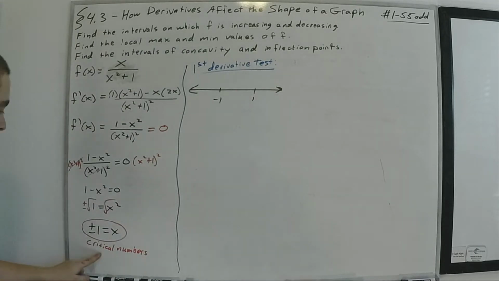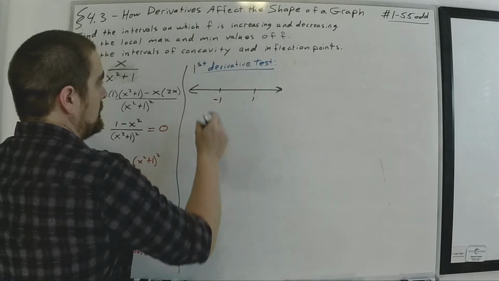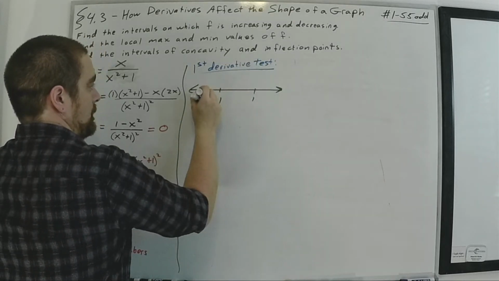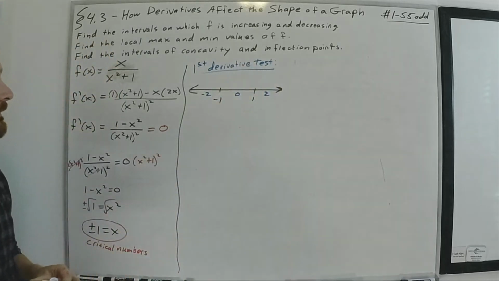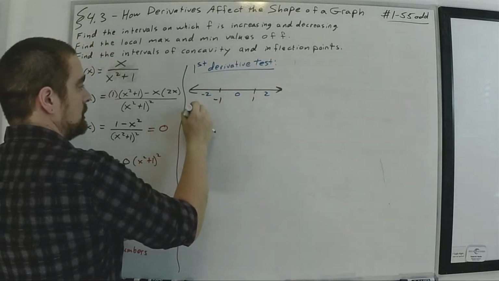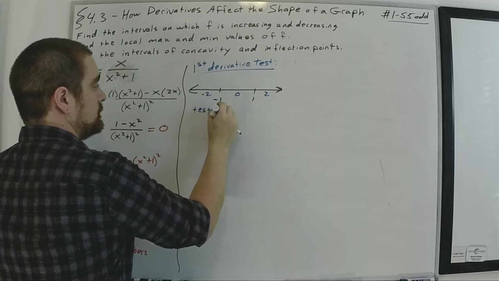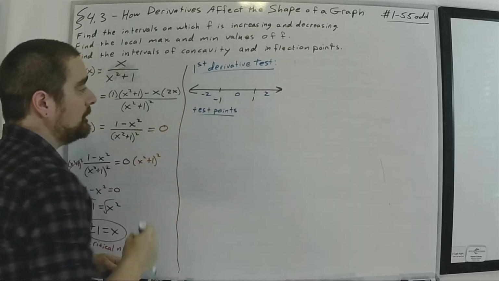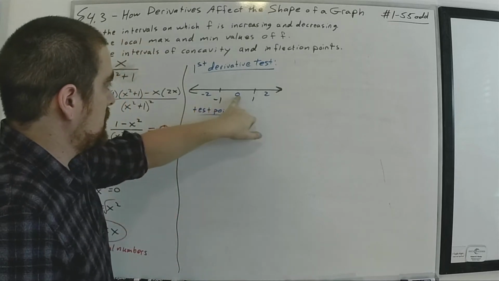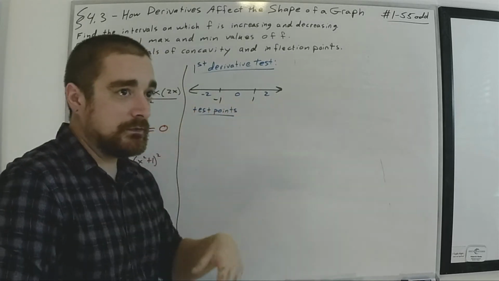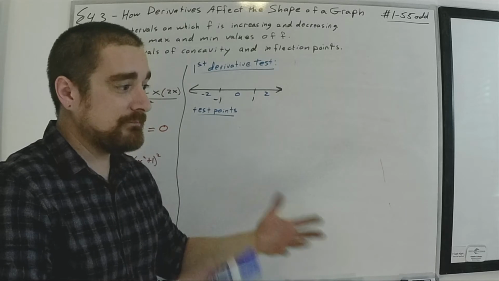So these are my two critical numbers. I put them down. Now I need test points. I'm going to pick -2, I'm going to pick 0, I'm going to pick +2. So those are my test points. You get to choose those, right? Those are up to you, ultimately. These numbers are not really important as far as yielding any information at like maximum or minimum or anything like that.